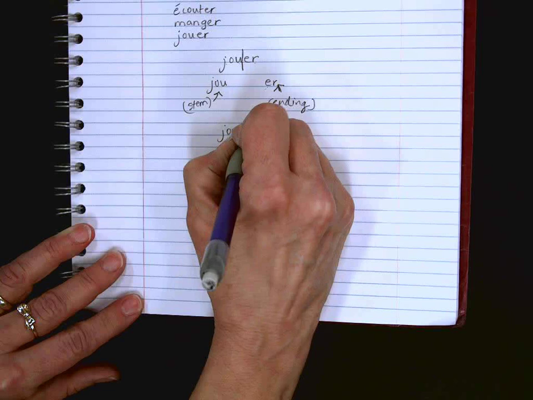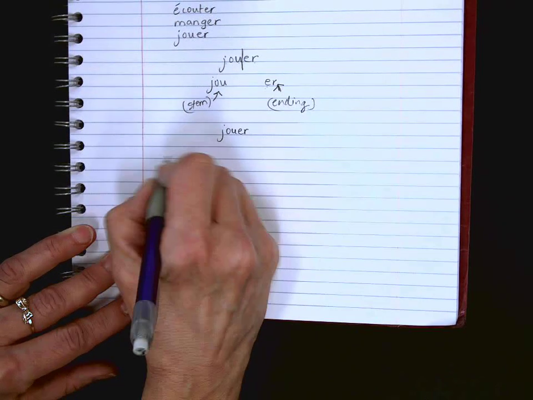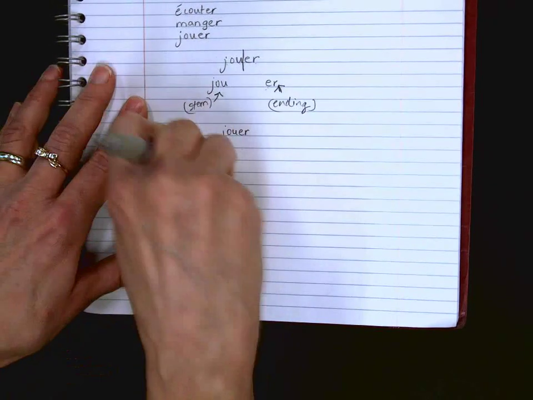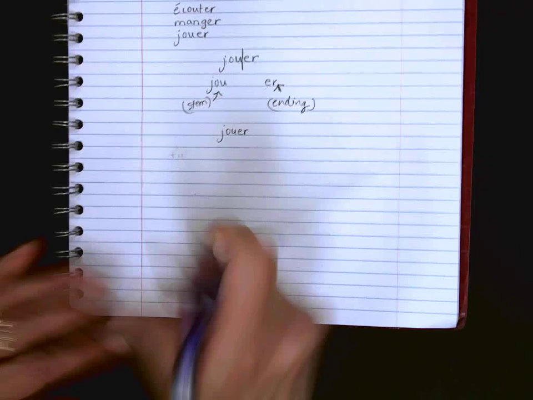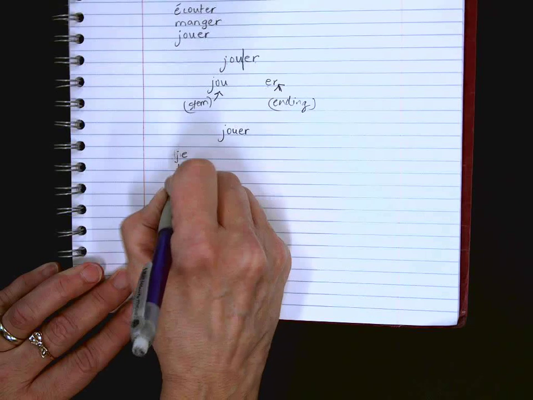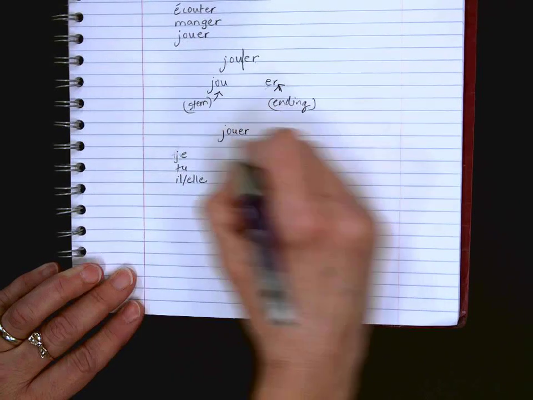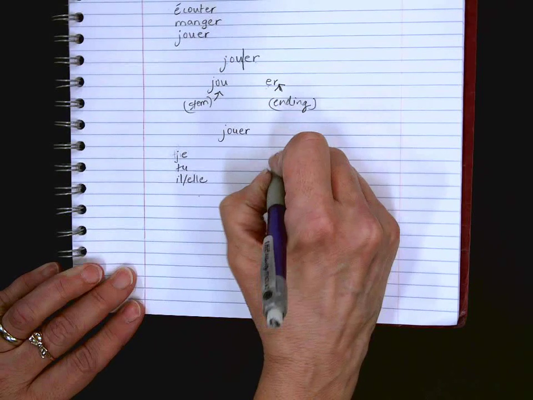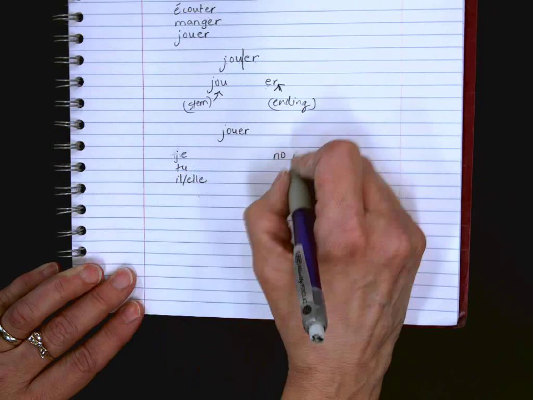The verb is going to be jouer, and the chart is, whoops, why did I start with tu? I must have been teaching this too many times today. Okay, je, tu, go ahead and follow along, get this chart down. Je, tu, il, elle. Make sure you leave room because you're going to write something after there.